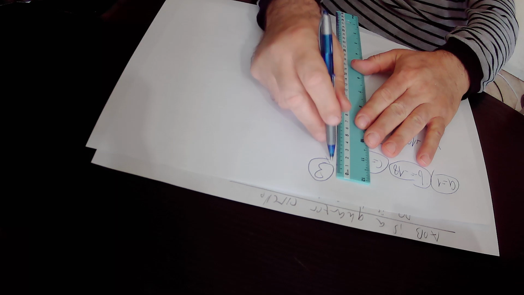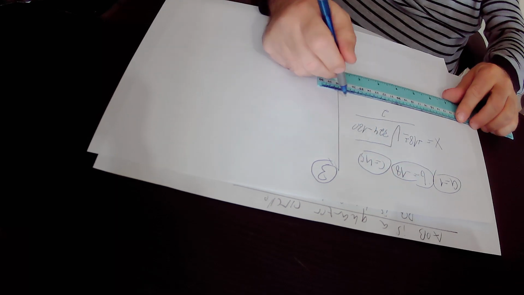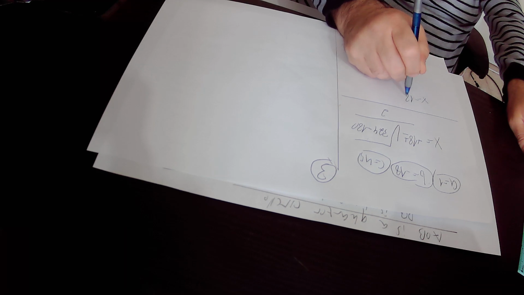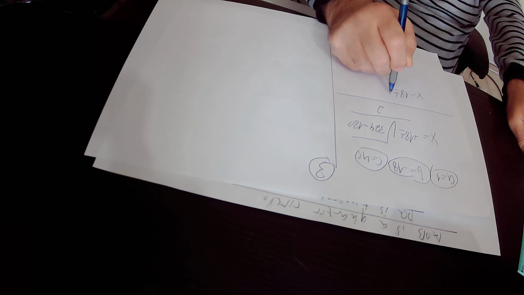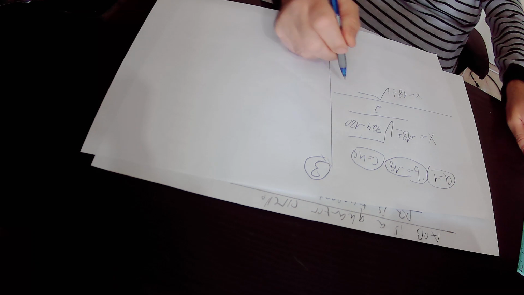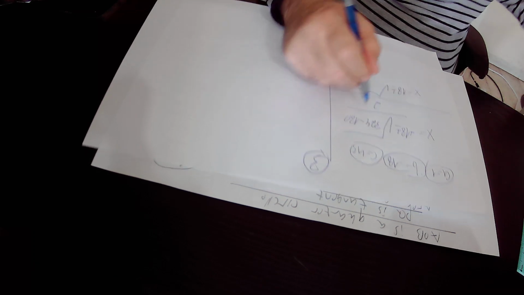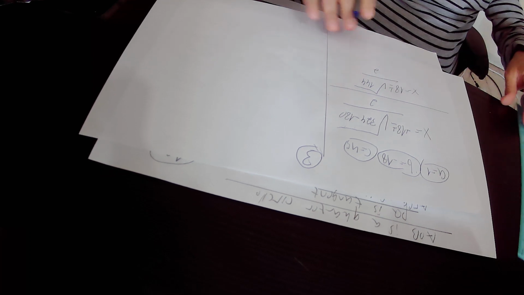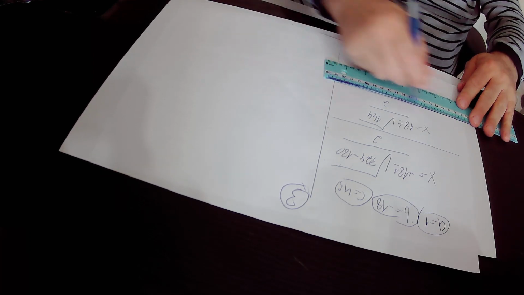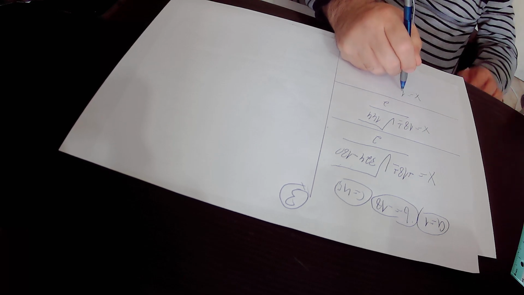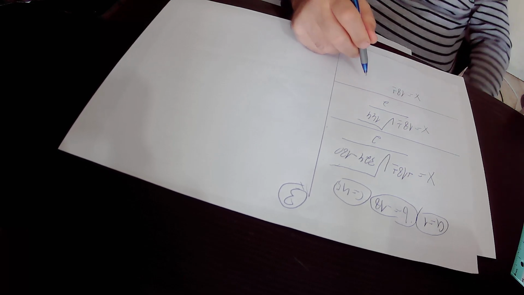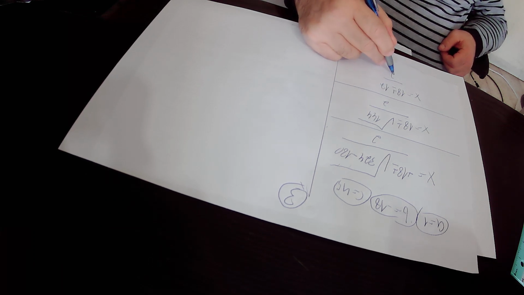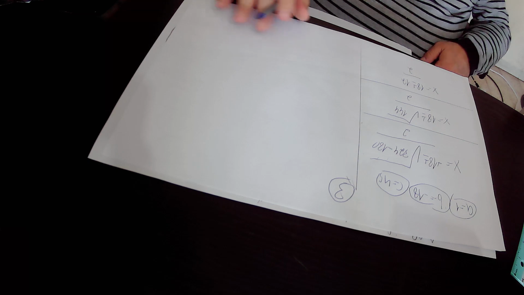So we found that x equals 18 plus minus the square root of 324 minus 180, which is 144, divided by 2. So here x equals 18 plus minus the square root of 144, which is 12, over 2. Here we have two possible solutions for x.